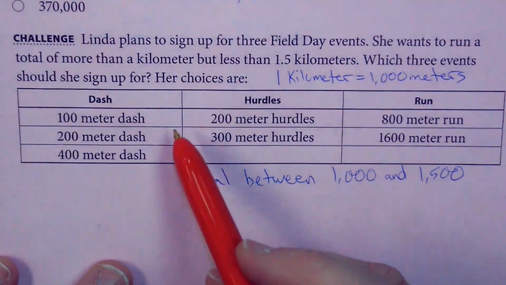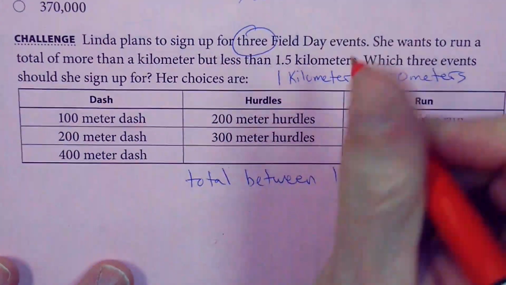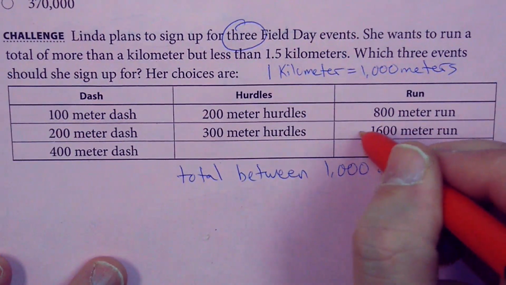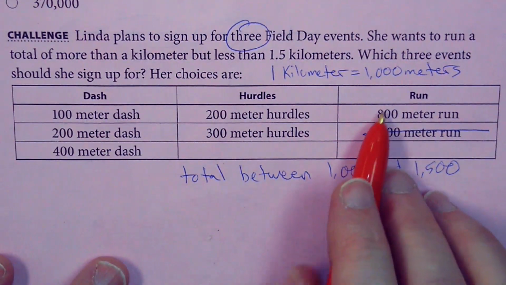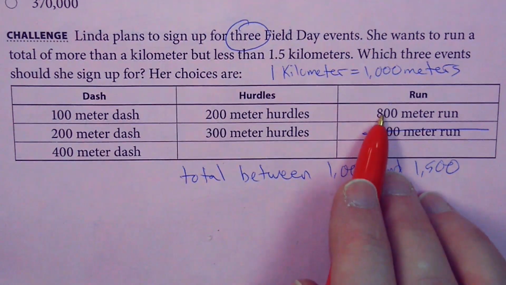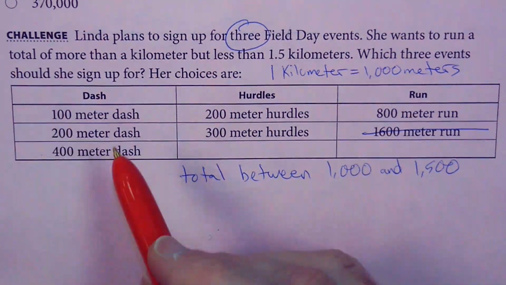Okay, so we can only choose how many events? 3. So if you wanted to, you could say, well, that's out, because that by itself is way too much. Let's look at this. 800. Are there few enough to get this to work? Let's see, 800. I was trying to disprove this. 8, 9, 10, 11, 12, 1,300.